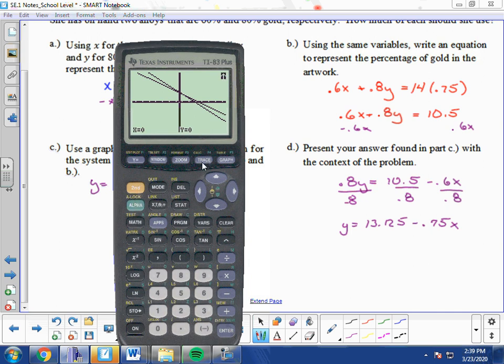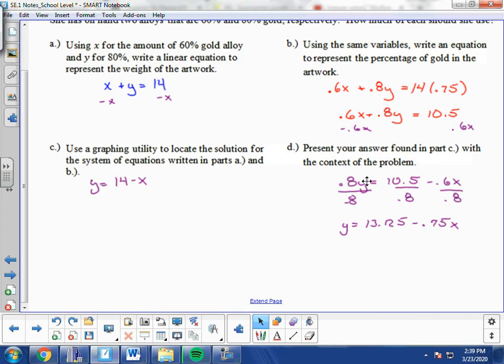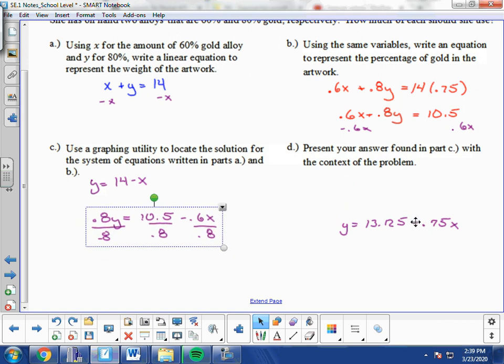So hit second, trace, go down to intersect, make sure it's on the first line, then the second line, and then hit enter along to guess.